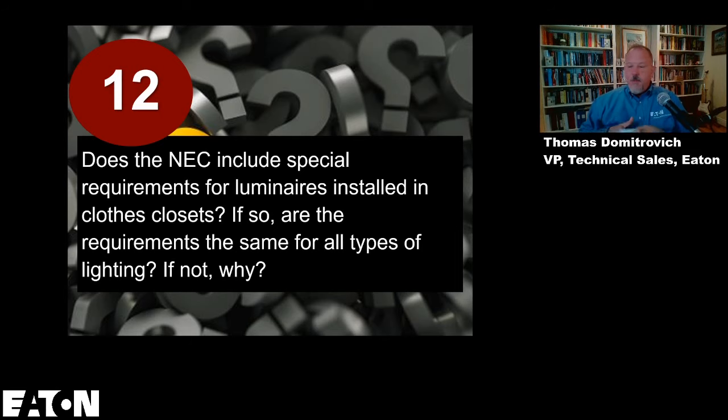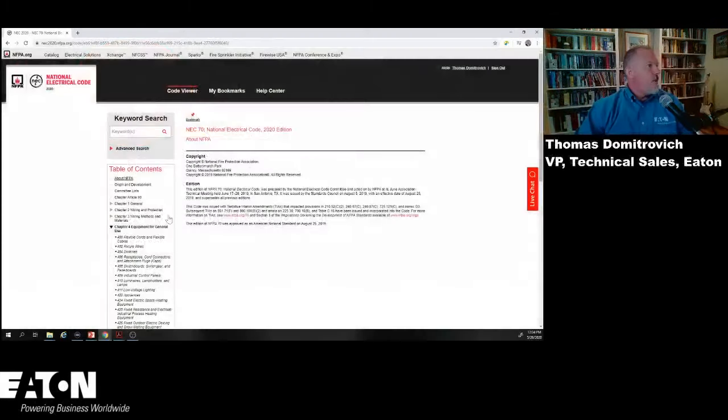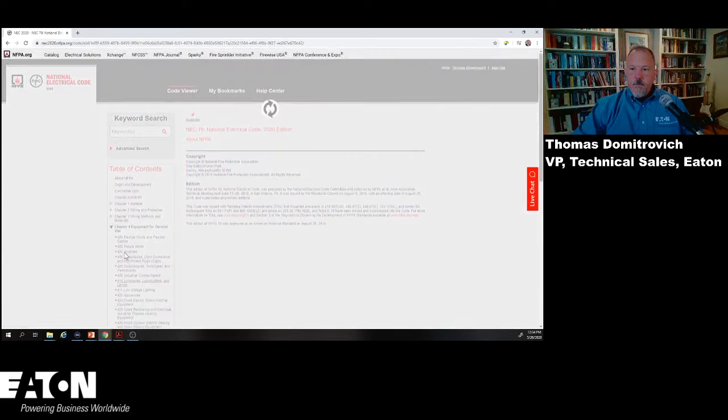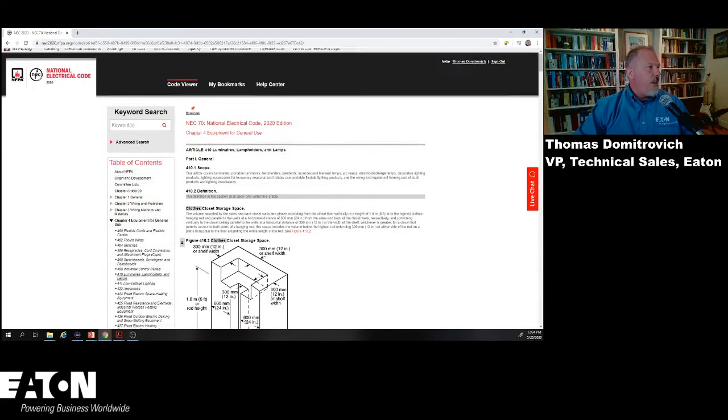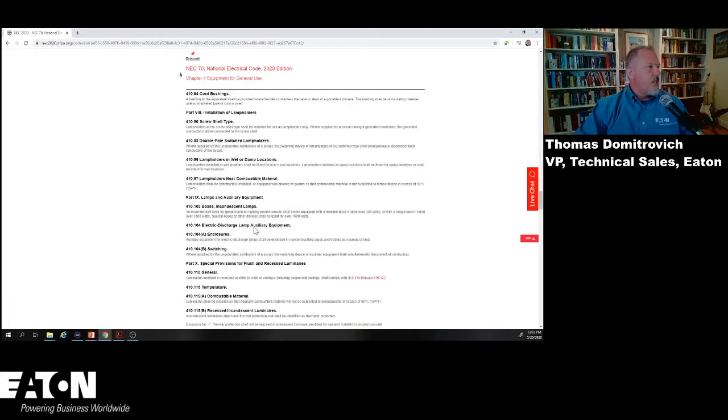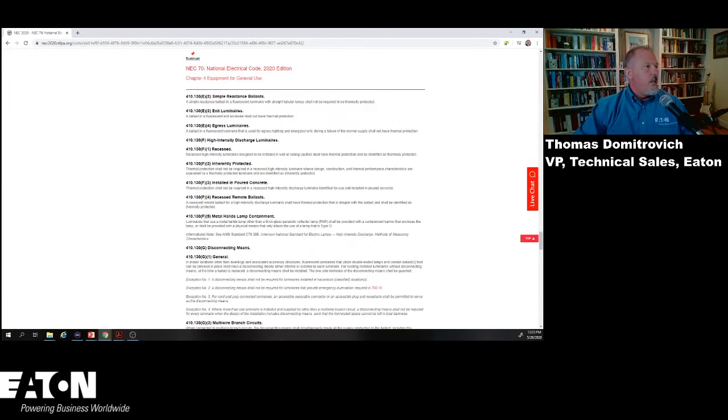410.130F5. Oh, you know what? I'm opening my book. I do believe that I have the code book open here somewhere. There we go. So 410.130F5. Let's take a look down here at 410.130F5.